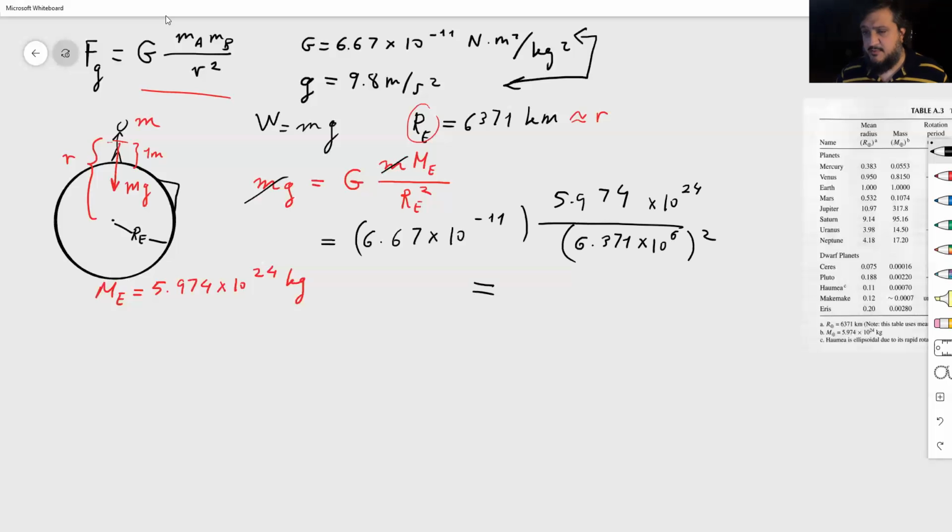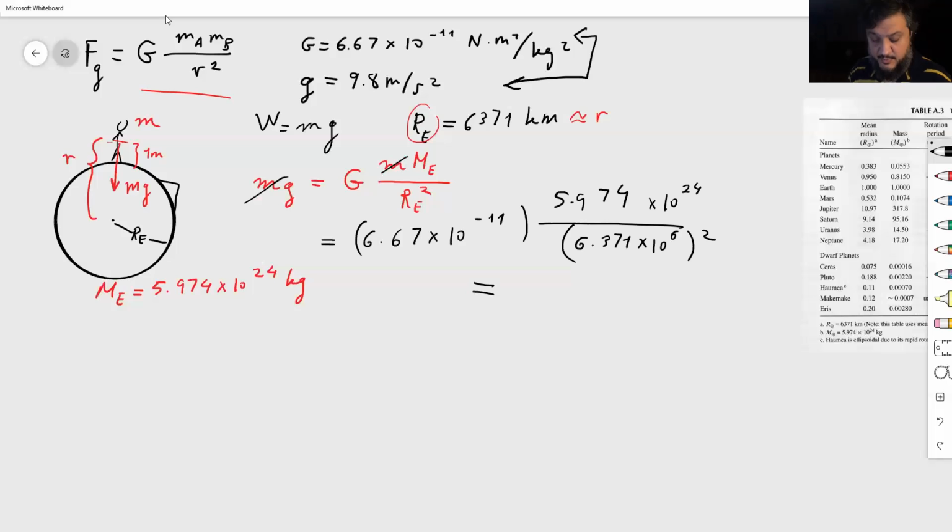So grab your calculator and start punching in the numbers. 6.67 times 10 to the negative 11 times 5.974 times 10 to the 24th power divided by 6.371 times 10 to the 6, squared.